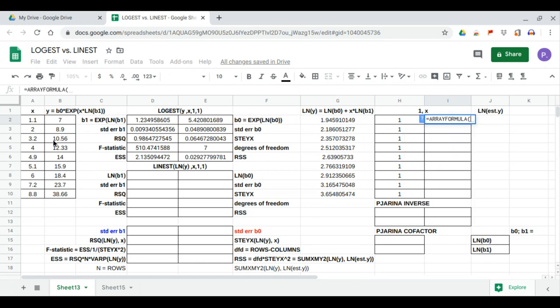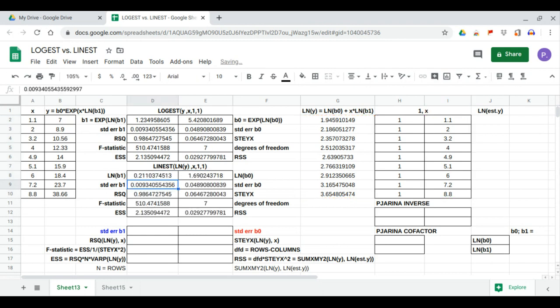Our formula of the x values. Now that we have the ln values, we can now derive the LINEST outputs. So you have LINEST, we have the data y this time, and our data x will be the same, and we enter the full statistics.